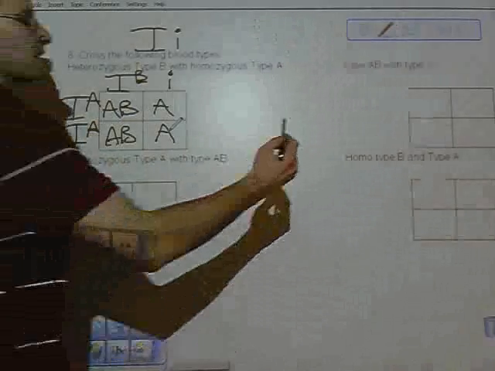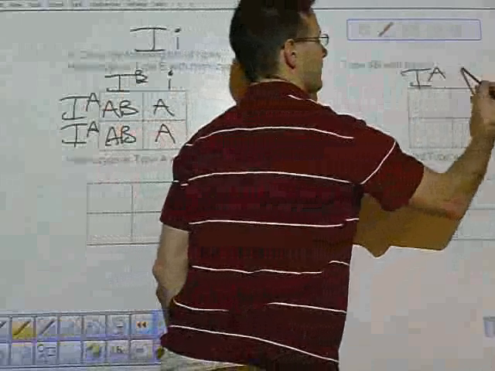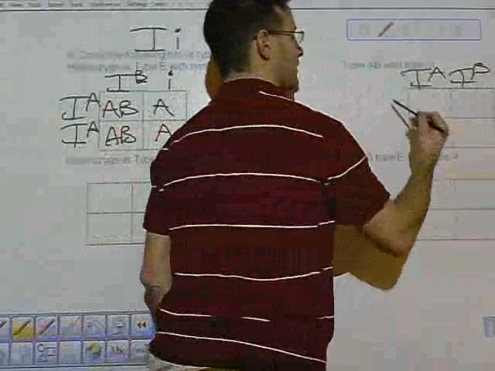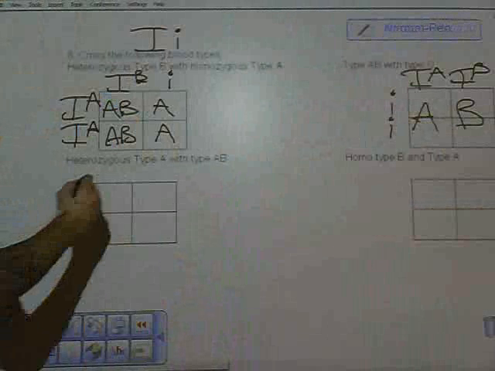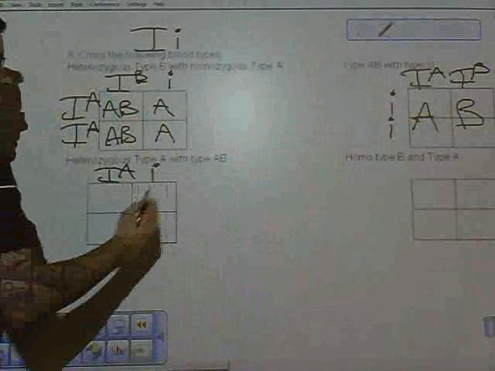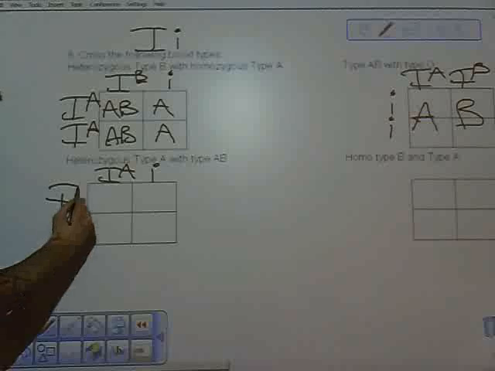And then for this one over here, type AB with type O. You're going to get heterozygous type A on this side, heterozygous type B on that side. Last one is heterozygous type A with the type AB.